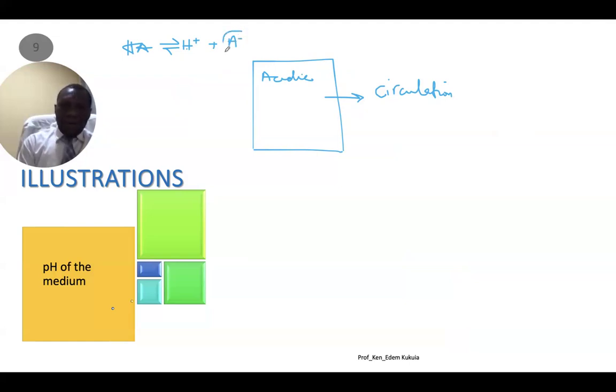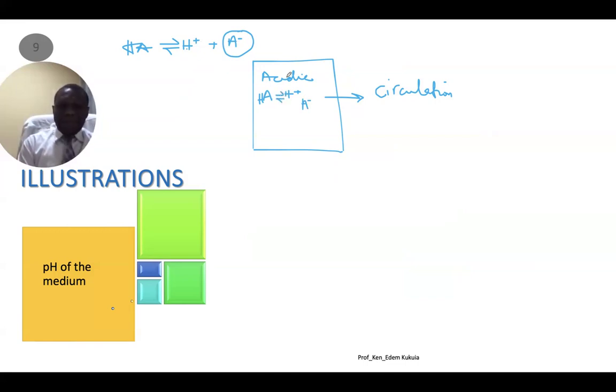Now, the actual drug would be the anion, okay? So for an acidic drug, I have this species here, the HA, and then I would have some of the H plus, and then some of the A minus, okay?